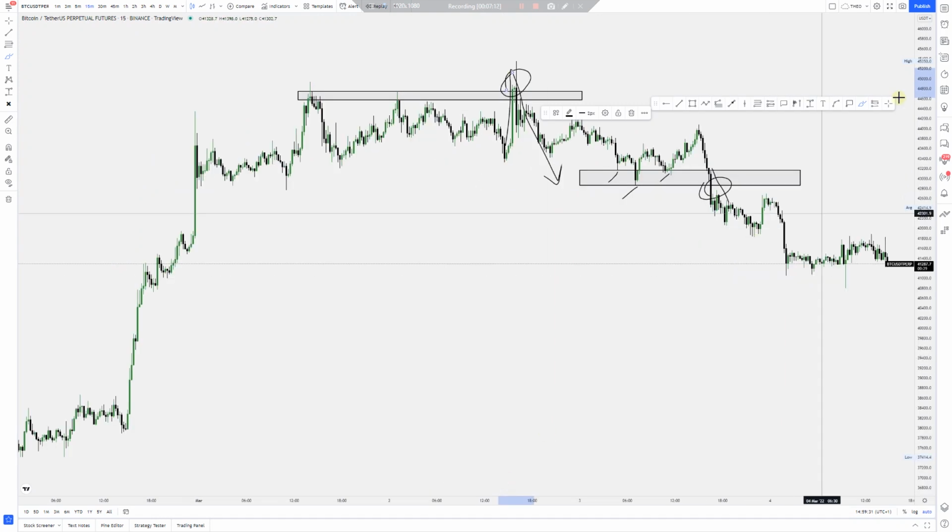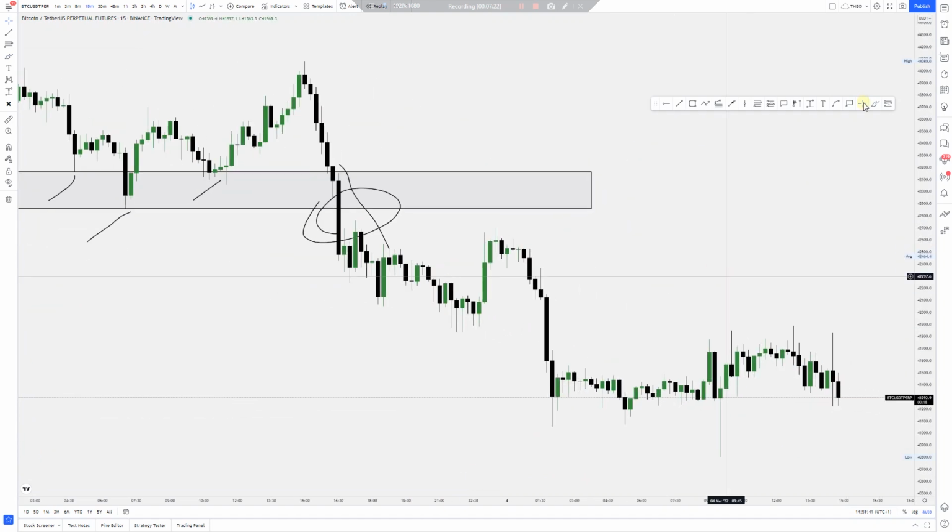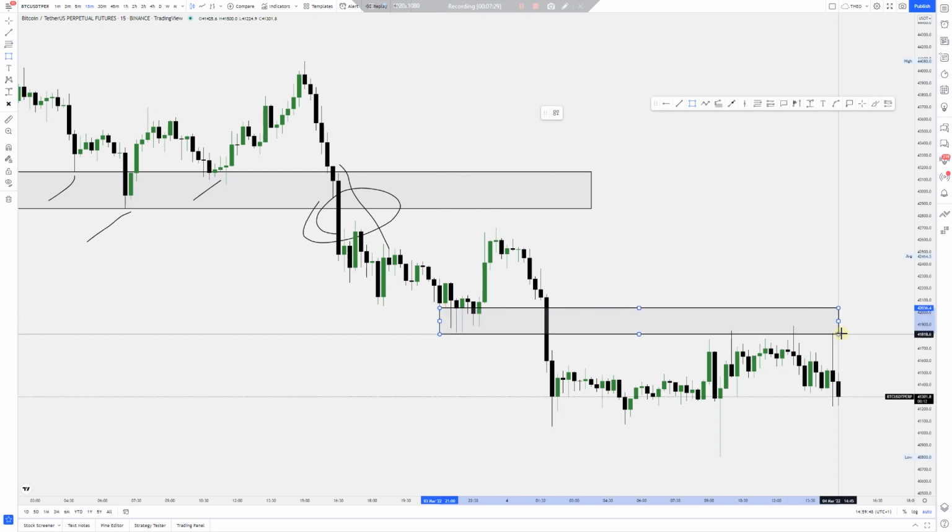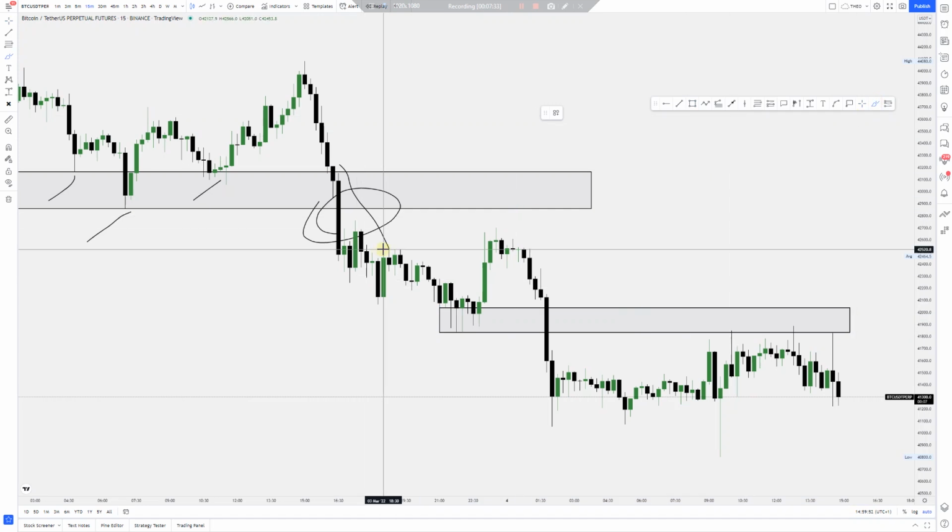Now, when we're talking about retests, we have one example right here, which is this. Let's zoom in to see it clearly. You can see immediately we had price holding this region as support.